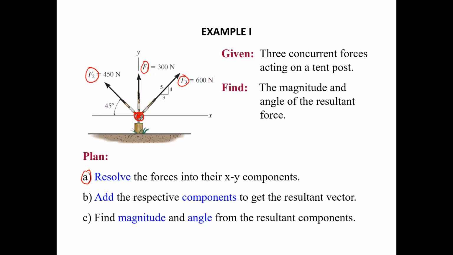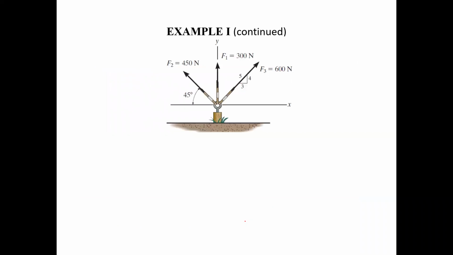So we resolve all the three forces, F1, F2, and F3, into their x and y components. Next, we add the respective x and y components to get the resultant vector, and then in the next step, we find the magnitude and angle of the resultant vector. Okay, all right. So that's how we are going to deal with this.